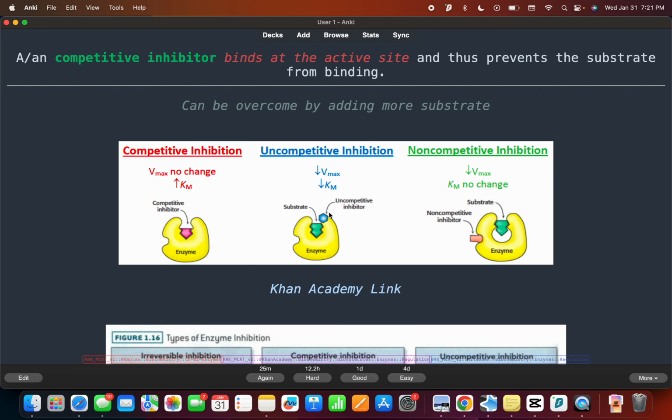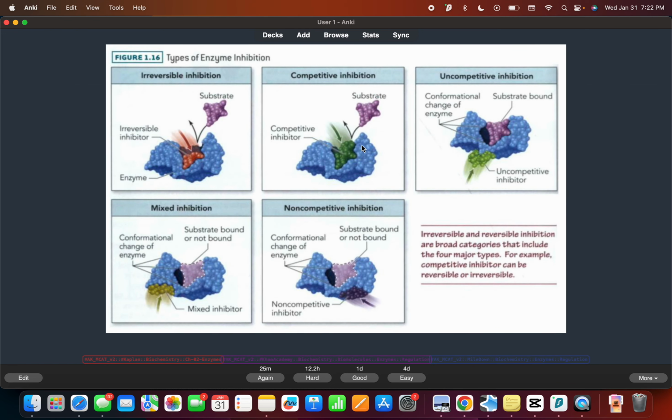Your Vmax does not change, however. Here we have competitive inhibition, where the substrate wants to sit on the active site, but the competitive inhibitor is already there. We have irreversible inhibition, where the substrate wants to sit, but the irreversible inhibitor has filled the active site.